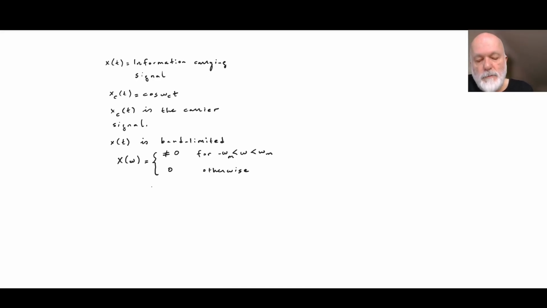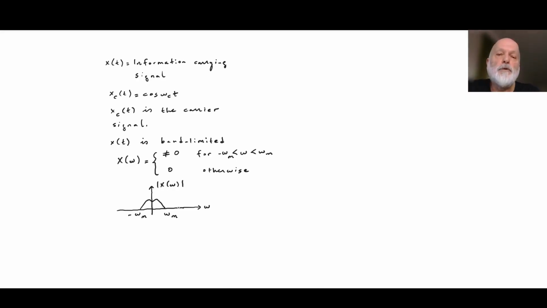Therefore, if we plot the magnitude of the Fourier transform of x of t, that means magnitude X of omega, it will have a certain shape like this. Between minus omega m and omega m it will be non-zero, and it is zero outside this band.